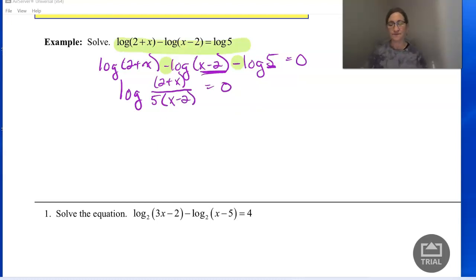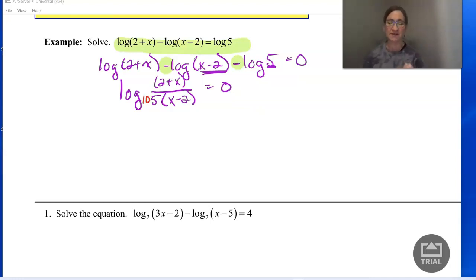So you have to now put this into exponential form. Recall that when you have a common log, that means when the base of the log is not specified, it's implied that it's a 10.